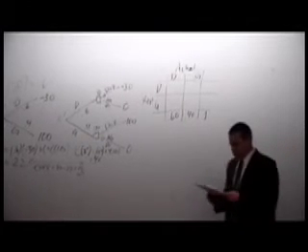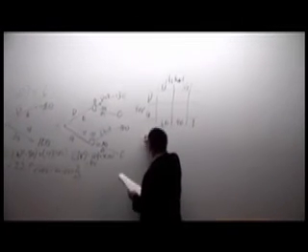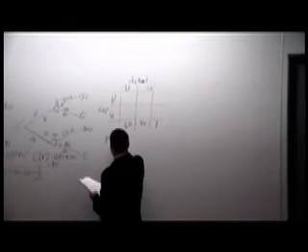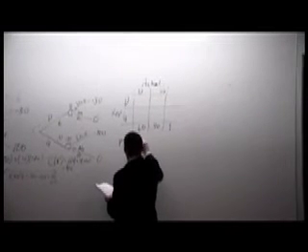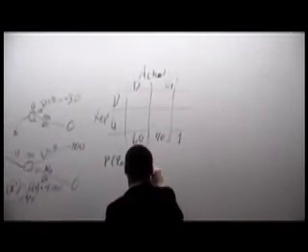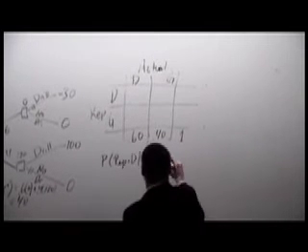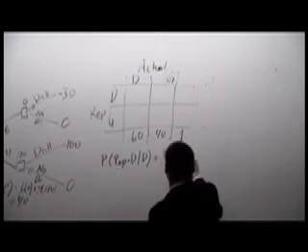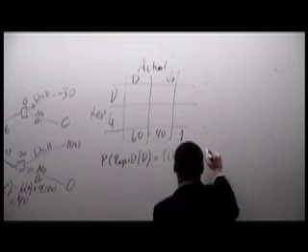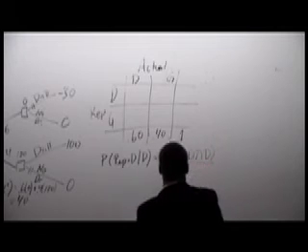So starting with the first one, the probability that the report is dry, given that it's actually dry, is by definition equal to the probability that the report is dry and it actually is dry, divided by what?